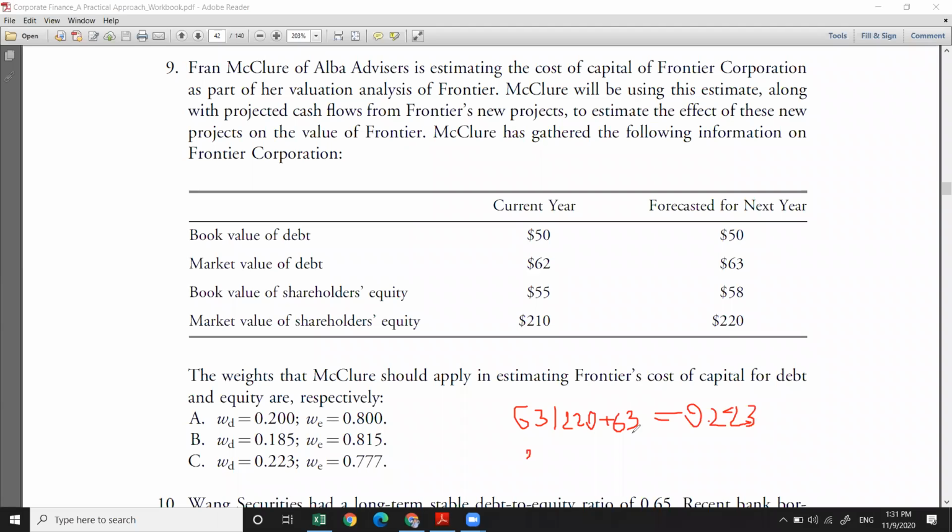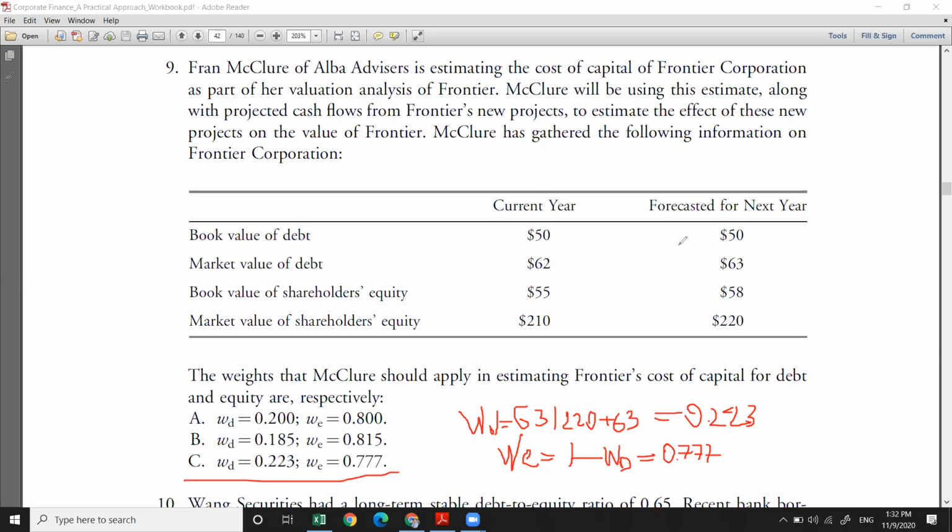You can do it like equity divided by debt plus equity, or the same way: the proportion of equity is equal to 1 minus the proportion of debt. These are straightforward things. It's very easy to calculate. So the answer is C.